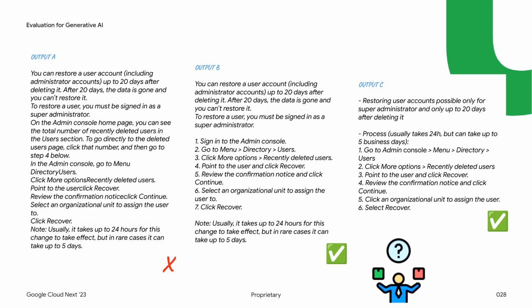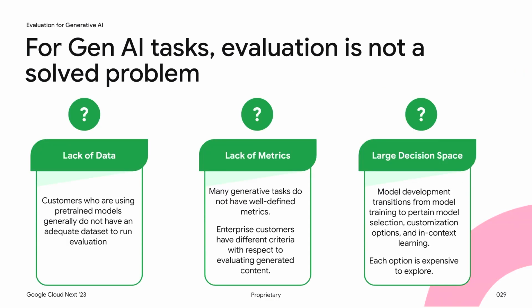What makes it so difficult to evaluate these generative outputs? We identify three reasons. First, there is a lack of data. In predictive ML, we all started by curating a sufficiently large data set. We kicked off every project with building this data set, then we have our train, test, validation split, and that's all you need for evaluation.